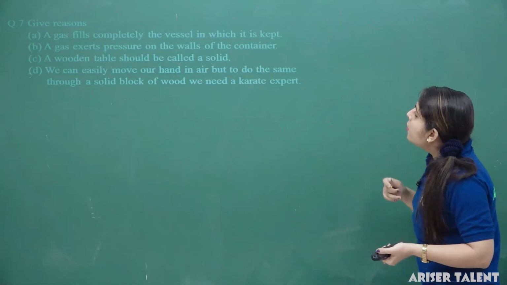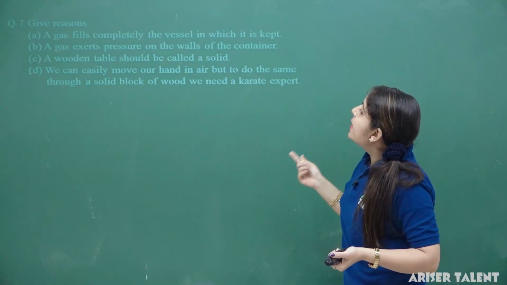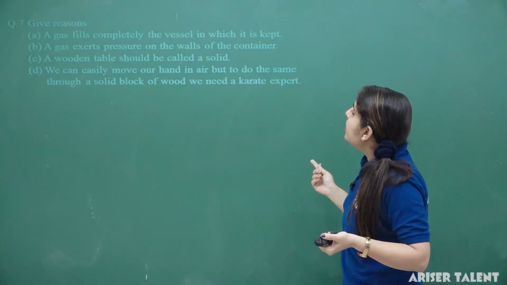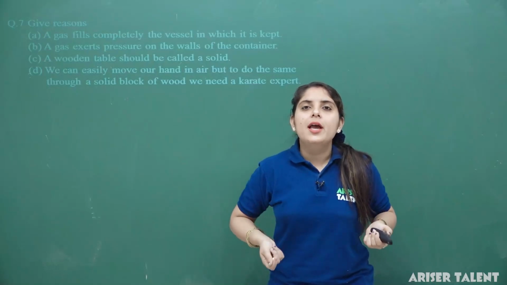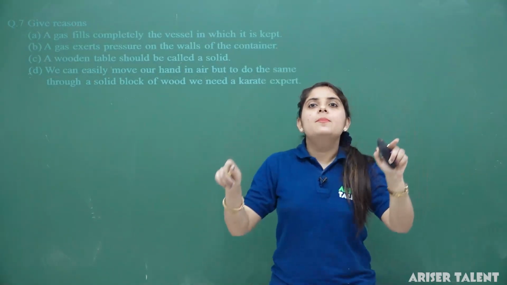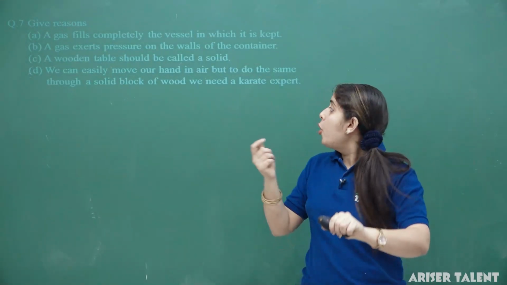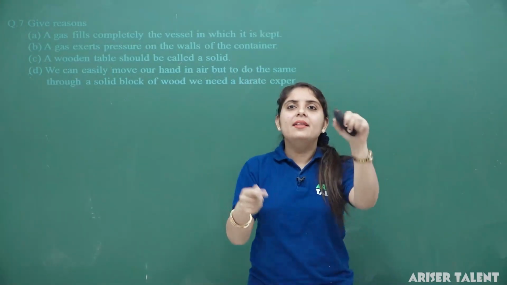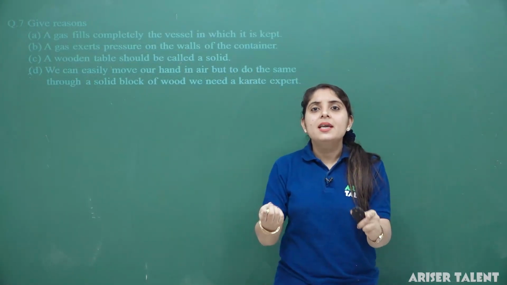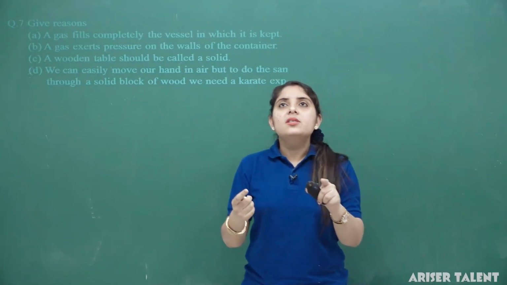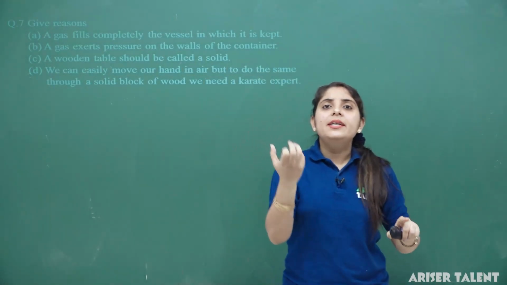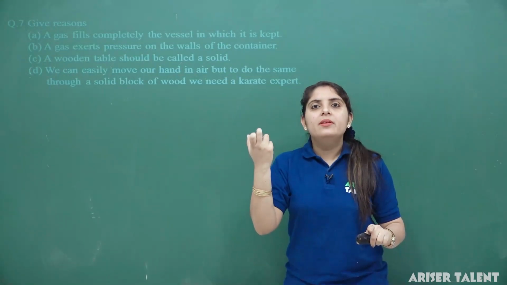Now we are on our fourth problem: we can easily move our hand in the air, but in a solid block of wood we need a karate expert. So what actually happens here, there is air present in this room. If I move my hand in this space, I am able to move the hand in the air, because the air has very large intermolecular particle separation between them.